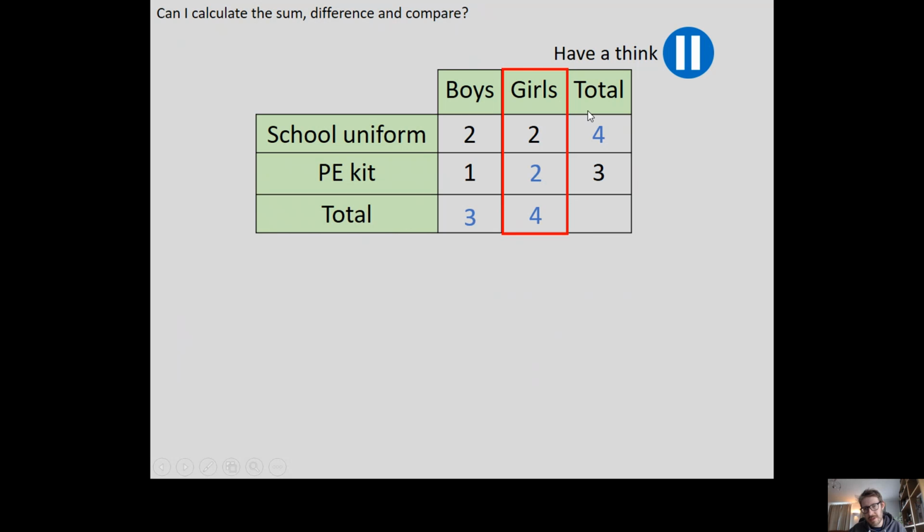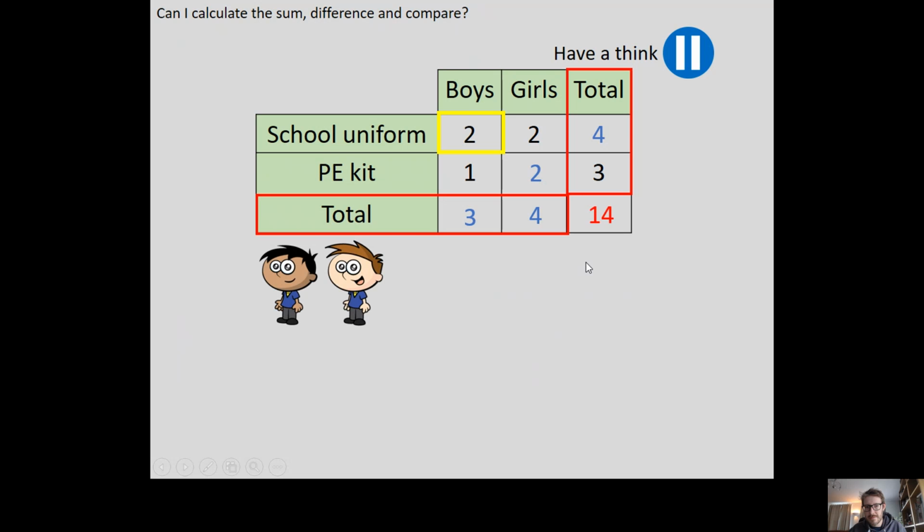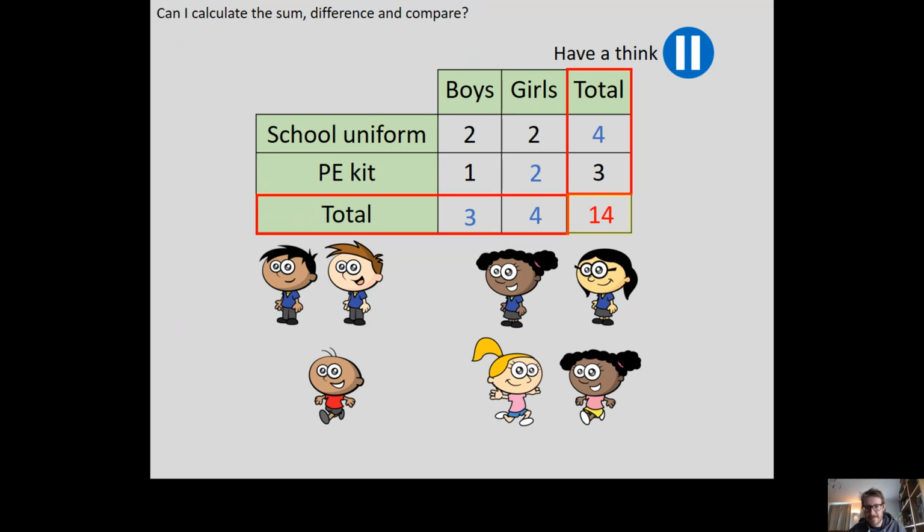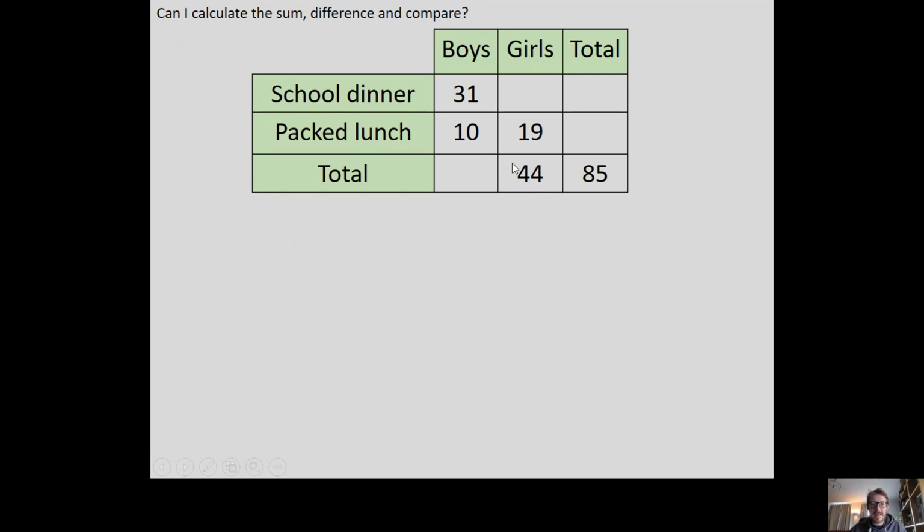And then remember, the total is going to be the total as we go across, so the total is 3 and 4, which means it's going to be 7 here. 4 and 3 is 7 over here. Seven. There we go.